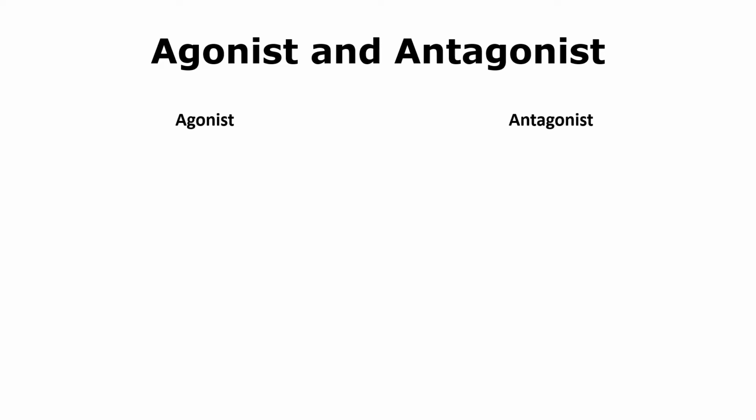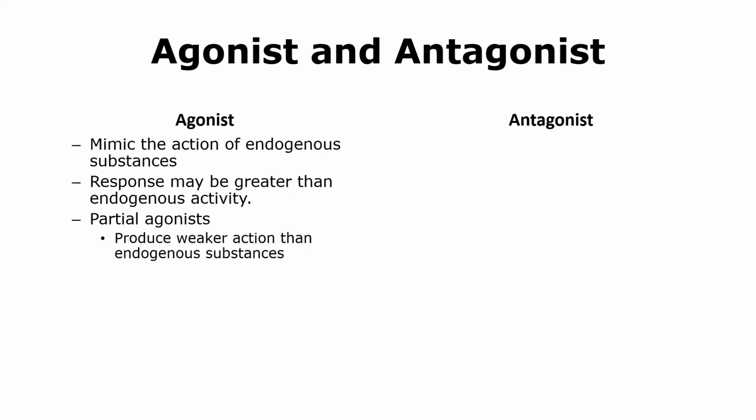All right. Moving on to another topic, agonist and antagonist. Any drug that mimics the action of an endogenous substance is considered an agonist. In other words, this drug is going to work in the same direction.